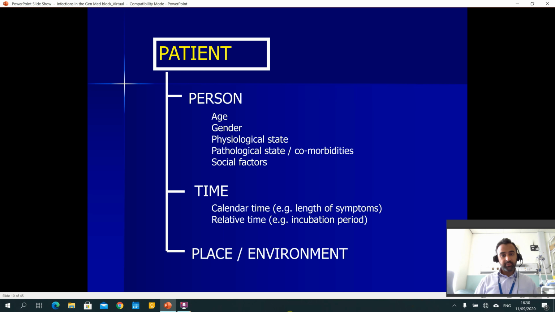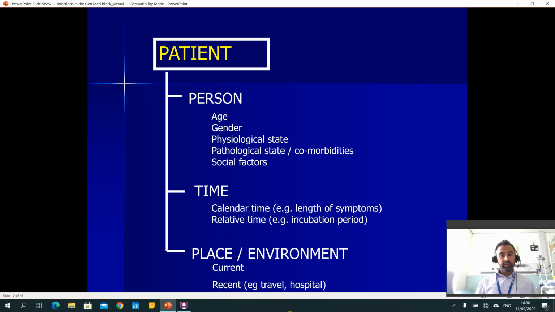And also, the other thing about calendar time is we know that certain infections occur more in certain seasons. So in the winter, we'll be much more aware of infections like norovirus, winter vomiting virus, and also obviously things like influenza.